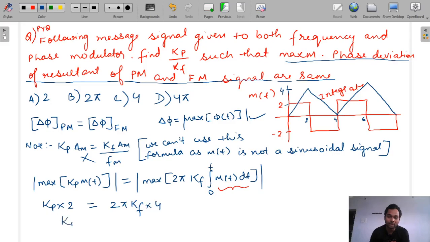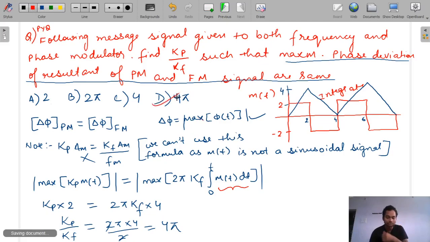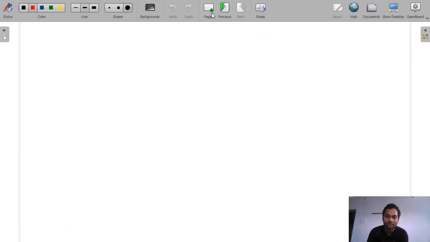Now when you do kp by kf, you will get 2 pi into 4 divided by 2. So you will finally get the answer 4 pi. This was a very interesting question. So option D is the correct one. The students who gave option D, that is the correct option. Okay. So let's solve one more question.